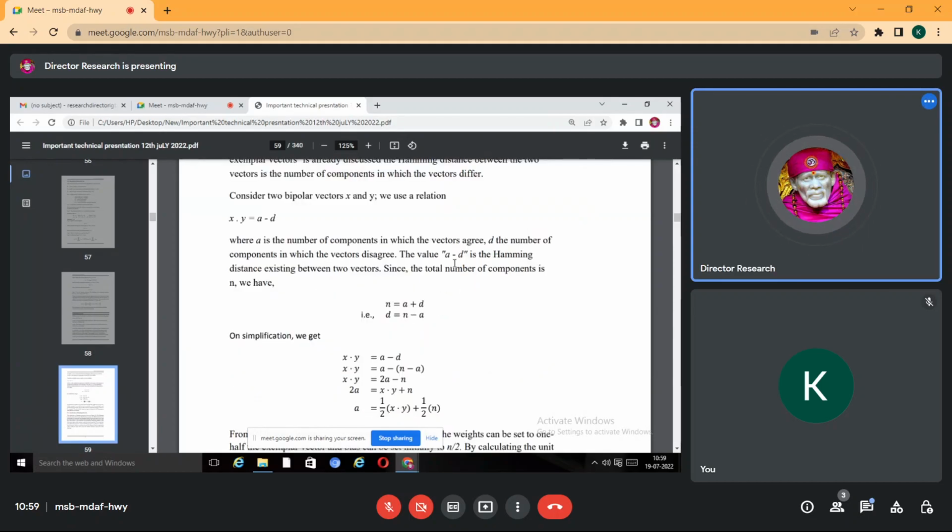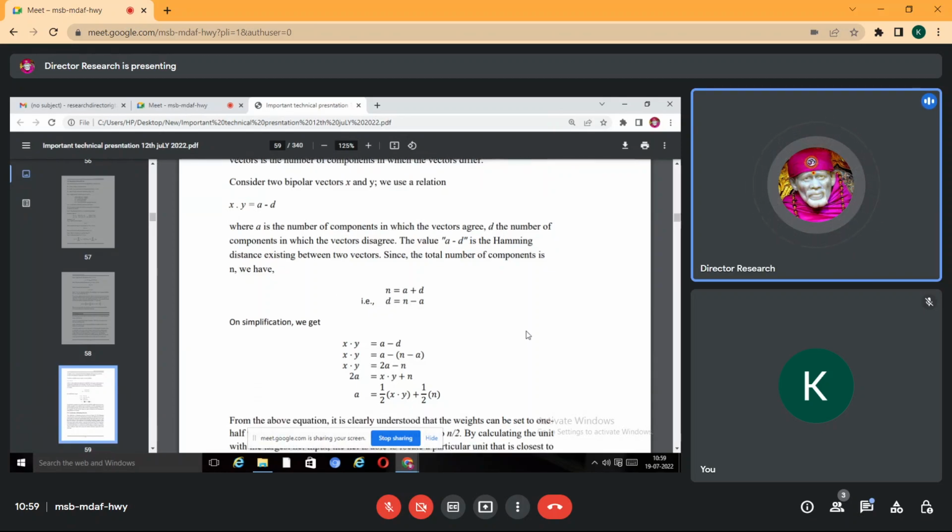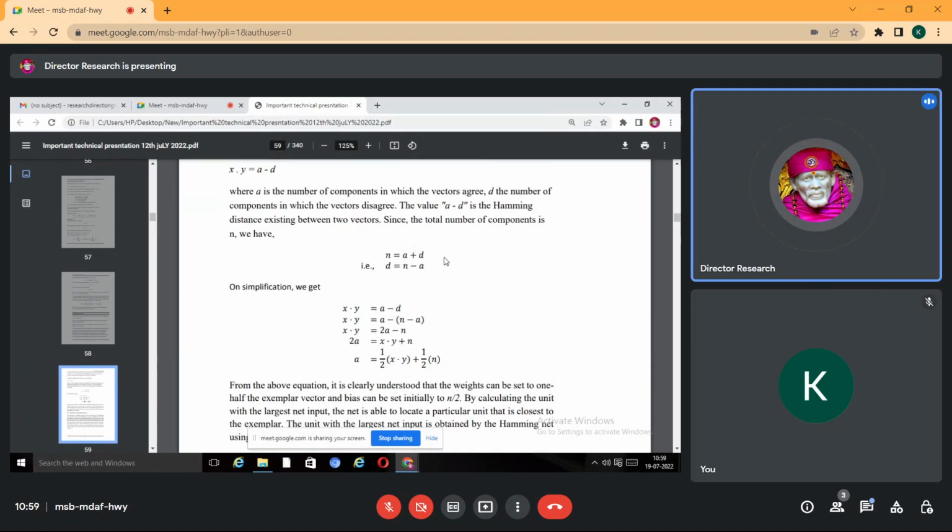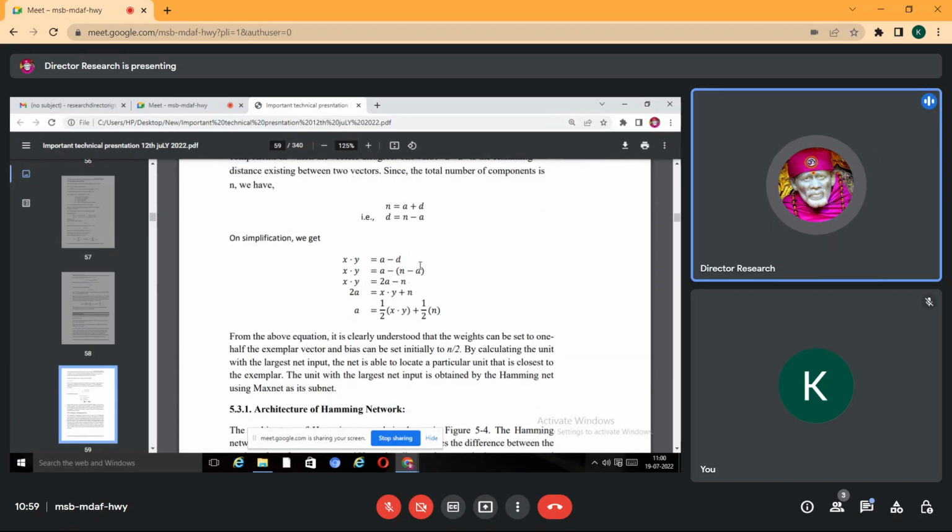The value a minus d is related to the Hamming distance between the two vectors. Since the total number of components is n is equal to a plus d, d is equal to n minus a. On simplification, x dot y is equal to a minus d, x dot y is equal to a minus of n minus a, then x dot y you get 2a minus n.